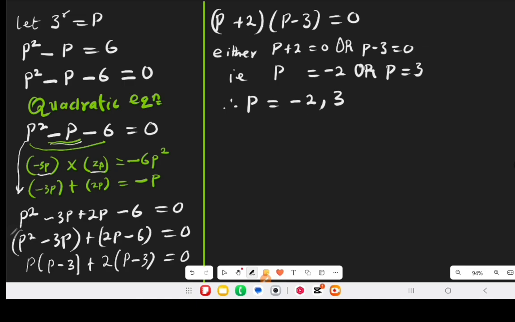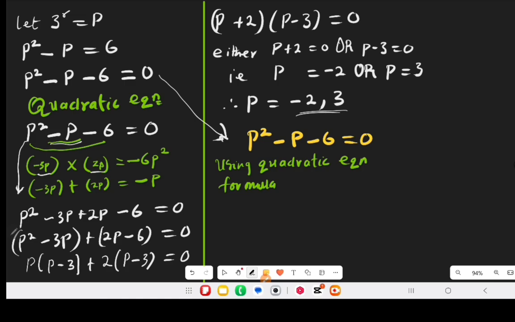Now, I told you I'm going to use two methods to solve this quadratic equation. Now I'm going to use the quadratic equation formula to see if we get the same answer, p equals minus 2, 3. Now we have p squared minus p minus 6 equals 0.